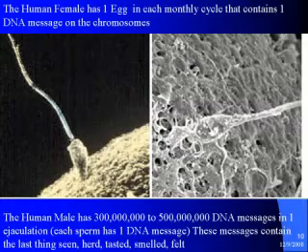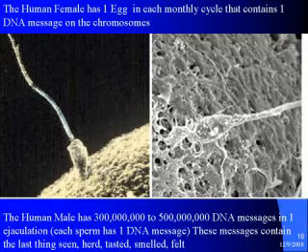So the body has to go through a process called meiosis, which takes a 46 chromosome cell, then does a divide and a copy, so that it breaks the 46 down into two 23 chromosome cells.